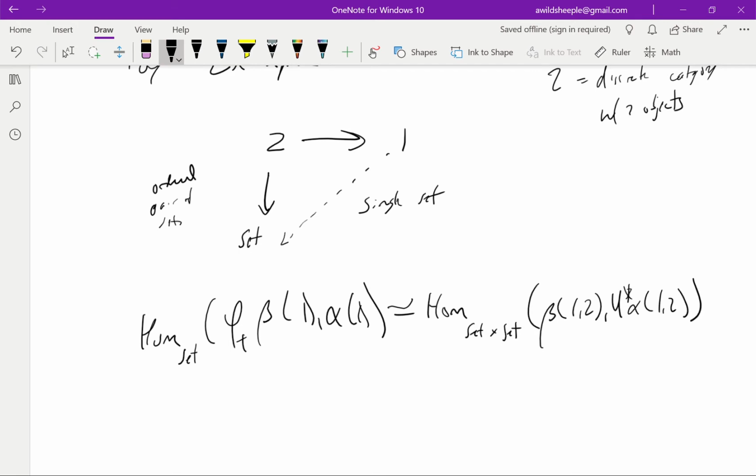Like so. If this is a little bit mysterious, don't be alarmed. Just maybe pause the video and straighten this out. I'm abusing a little bit of notation here. What I'm doing is identifying the category of functors from 1 to Set with just Set itself.